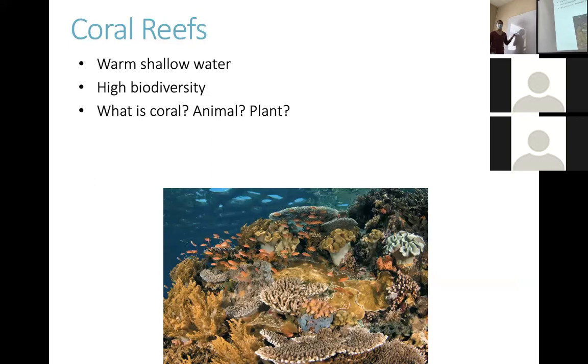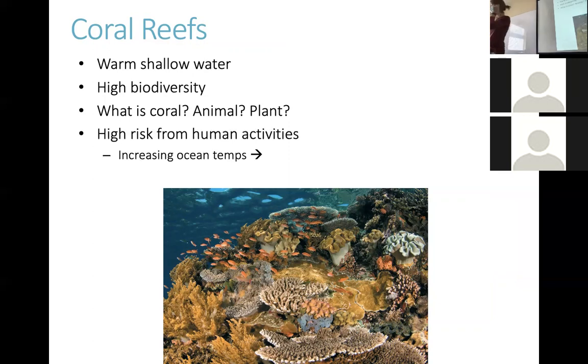Technically not a skeleton because they're invertebrate, but they have calcium carbonate that provides their structure. And those two aspects, I should say symbiotic algae as well, so symbiosis with algae.